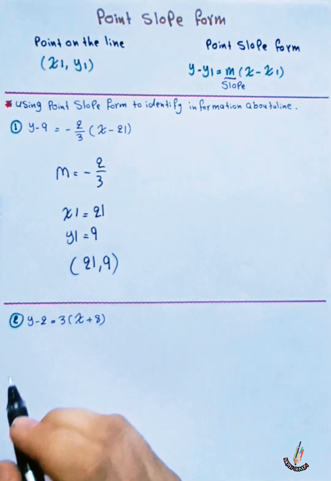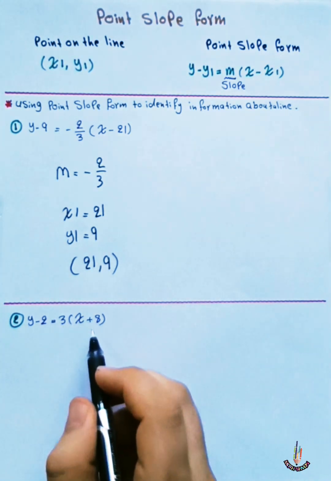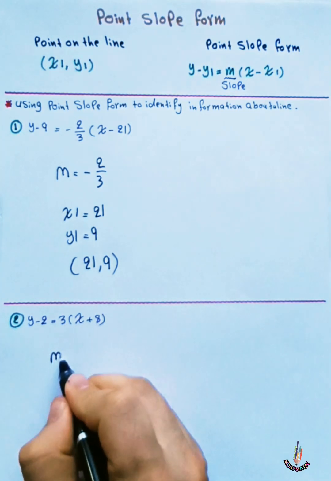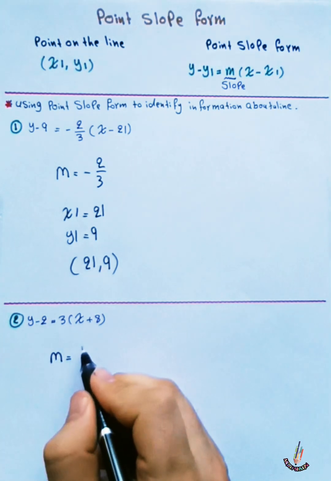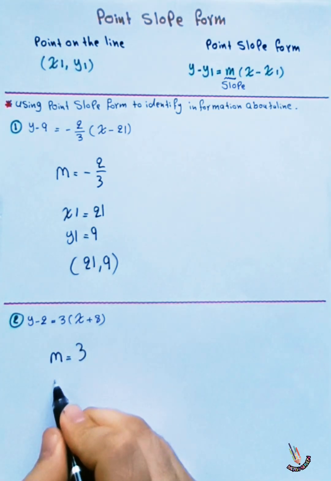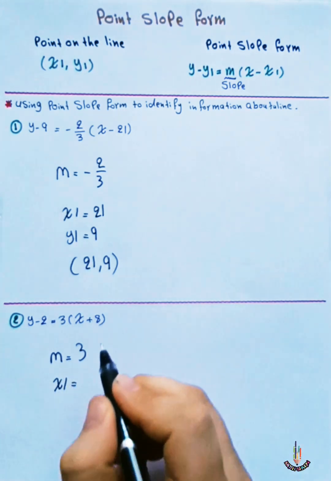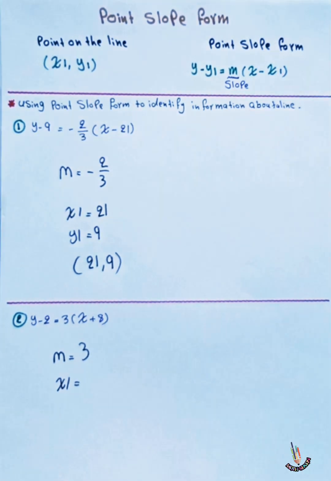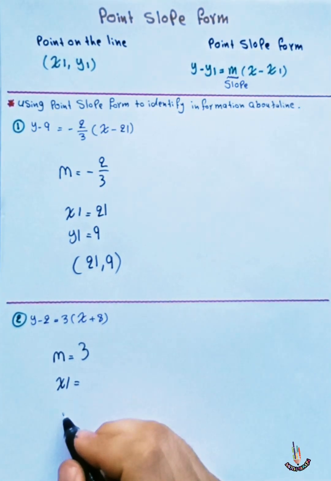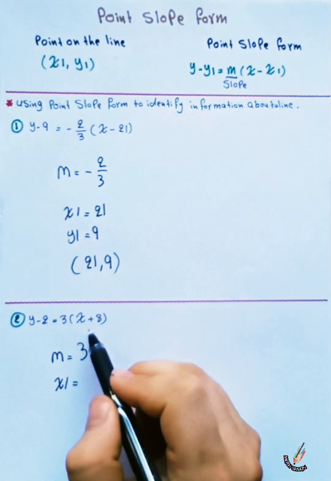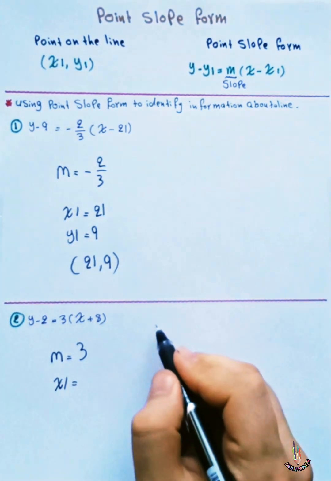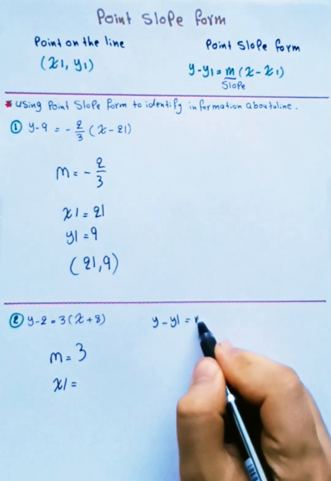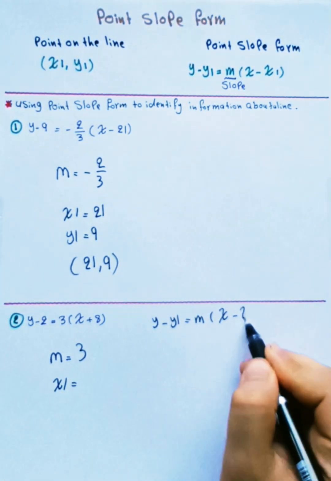Example number 2, we have y minus 2 equal to 3x plus 8. So the slope of this equation is 3, and then x1 is 8. Before we write the values for x1 and y1, we have to rewrite this equation in point slope form: y minus y1 equal to m times (x minus x1).